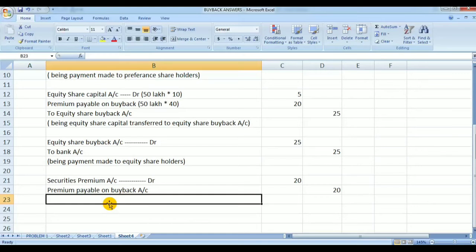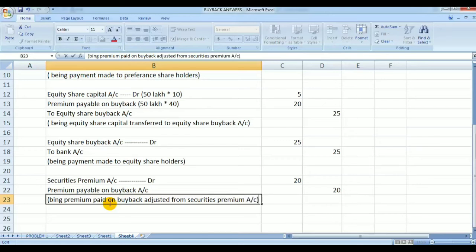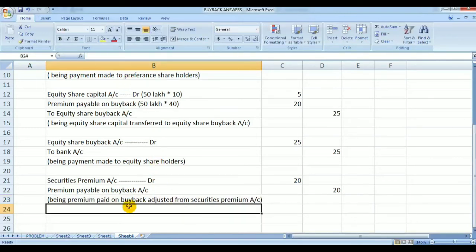And the narration will be: being premium paid on buyback adjusted from securities premium account. Now we have adjusted the premium.